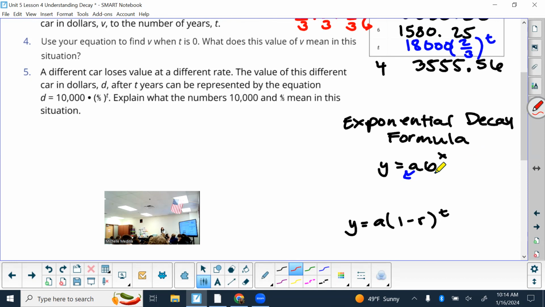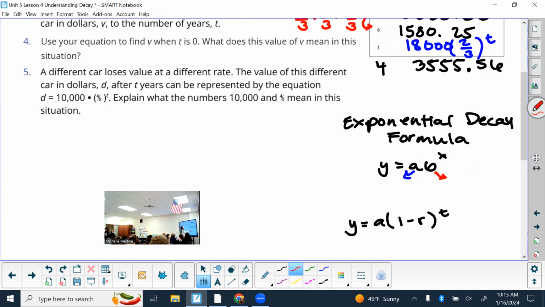Table 9, what is B for? No, good try. The year was my exponent. So the X would be like your input, the Y would be your output.